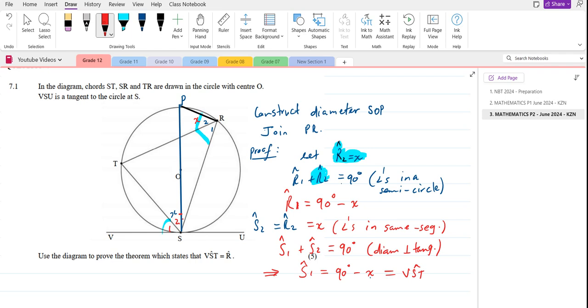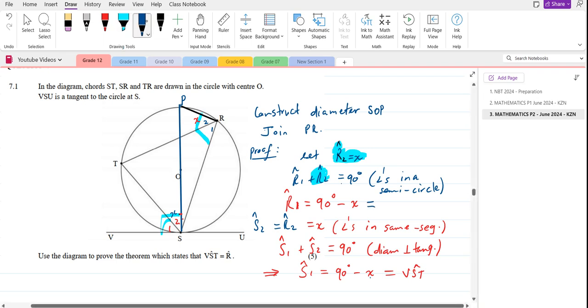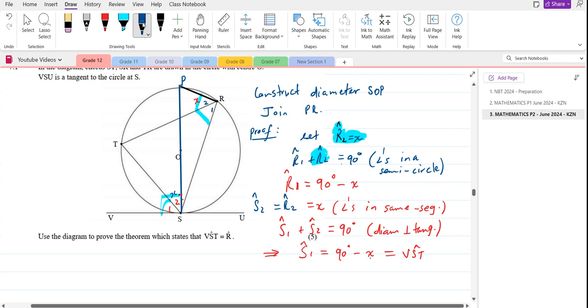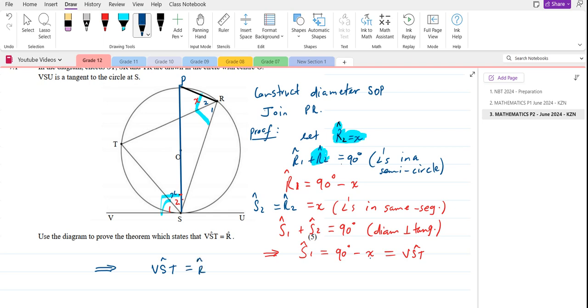So now we learnt it, right? We got angle S1 as 90 minus x, and we got angle R1 as 90 minus x, and this angle R1 is basically equal to angle R in general. So angle VST is equal to angle R. That's without construction.